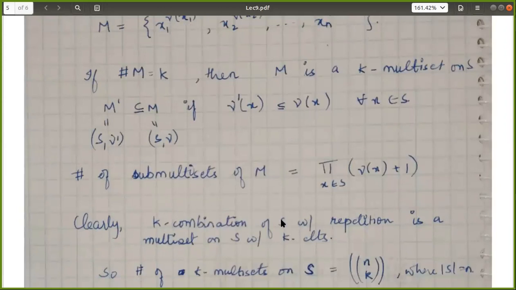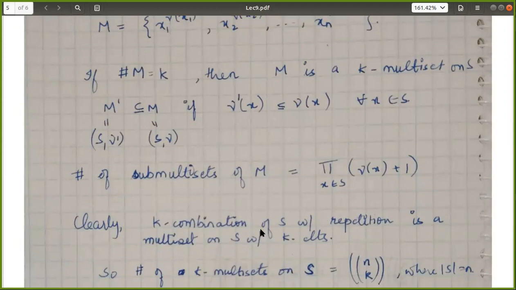If you take a K combination of S, which means you take a subset of S with repetition, this is nothing but a multiset on S with K elements. So elements of S you have taken and you form combinations out of them, allowing the repetition.